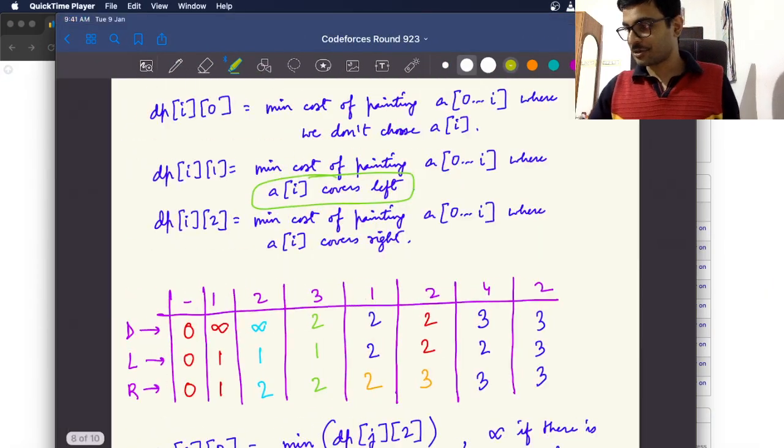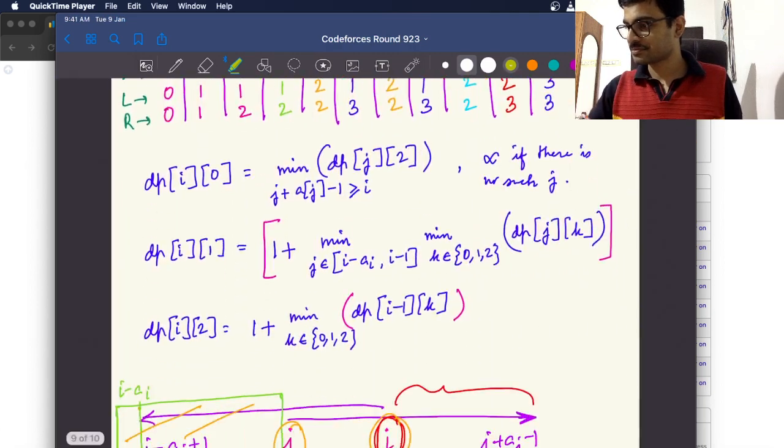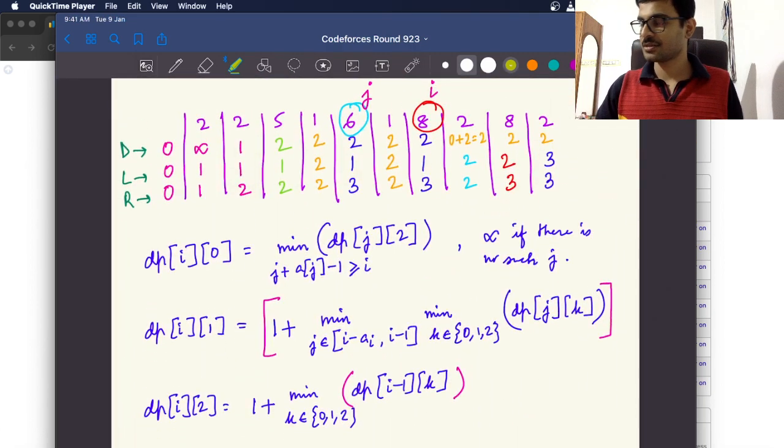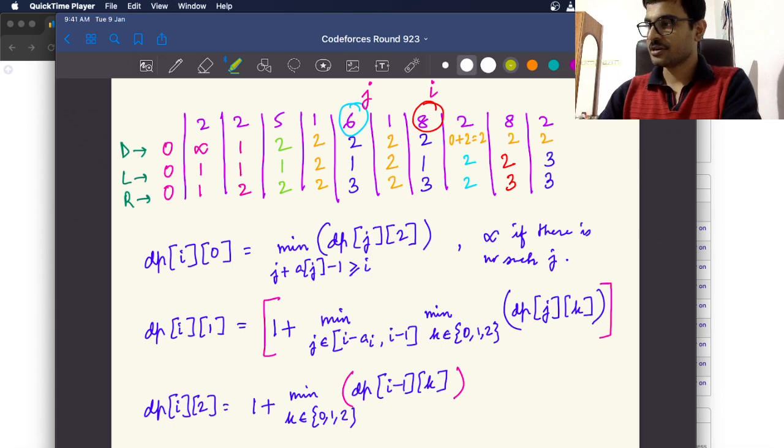This is that particular example. If you see over here, I have done the entire computation and I have found 3.